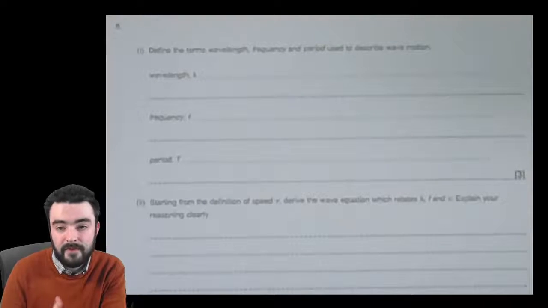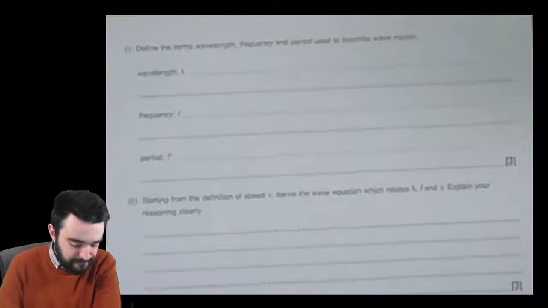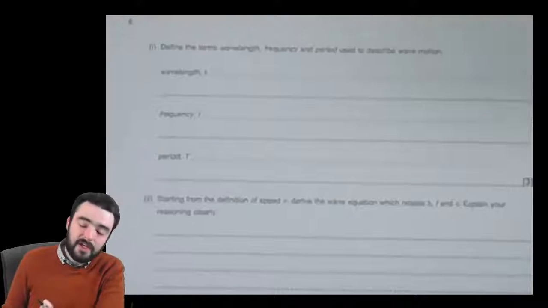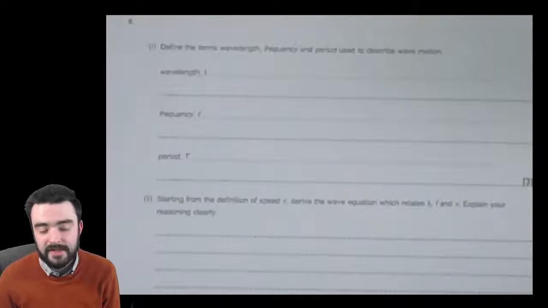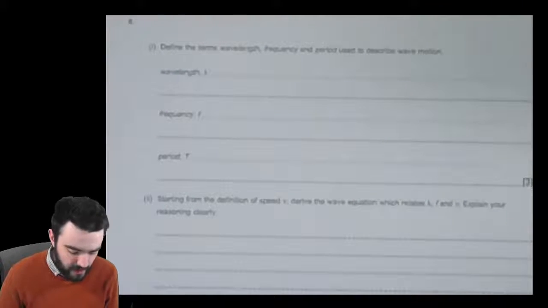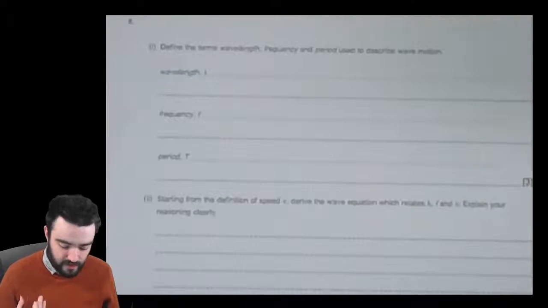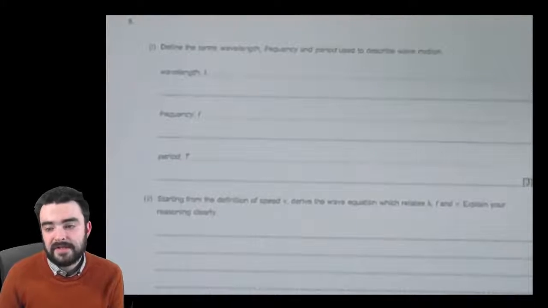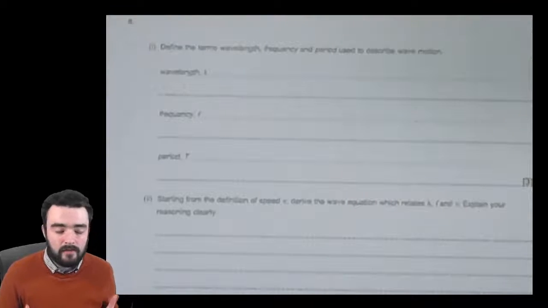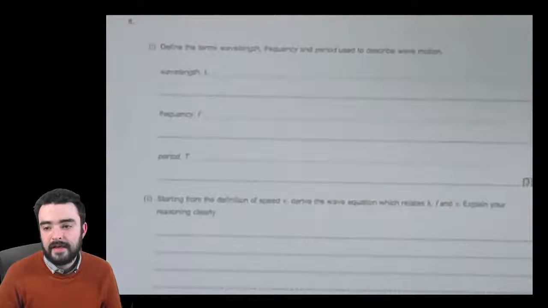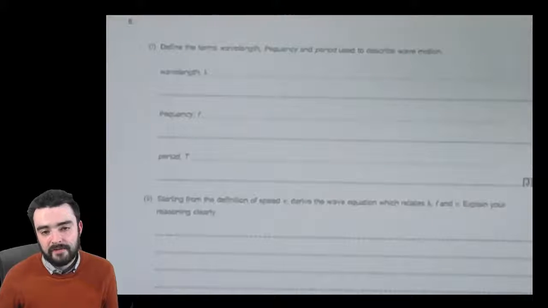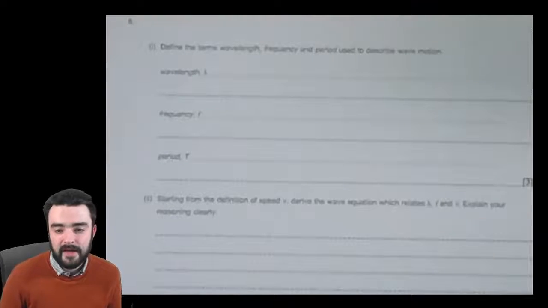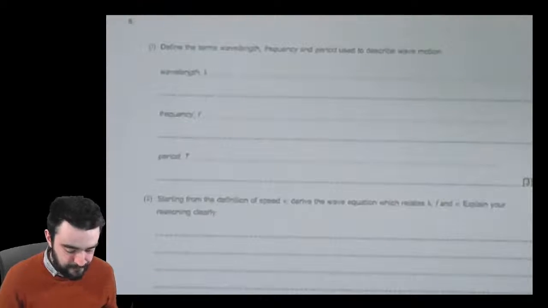The time period is the time for one complete oscillation at a point on a wave. You are not allowed to just state it in terms of, say, 1 over frequency, because then you're using a definition of something else to define it. You need to try and get it back to its base idea.